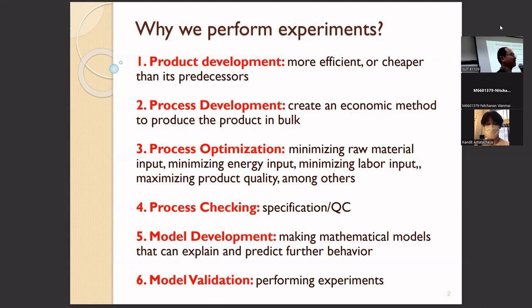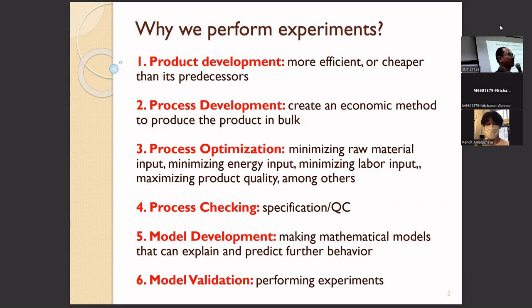This is why you have to do the experiment. And the second one, after you get it, you have to find the optimal process, process optimization. We have to minimize raw material, not maximize it. When you are an engineer you have to check the cost: minimum raw material, minimum energy, minimum labor input.